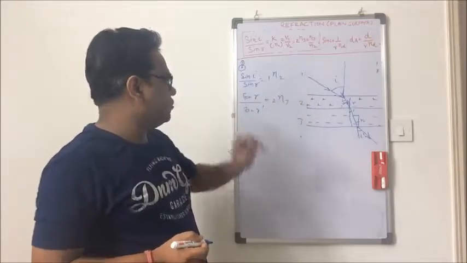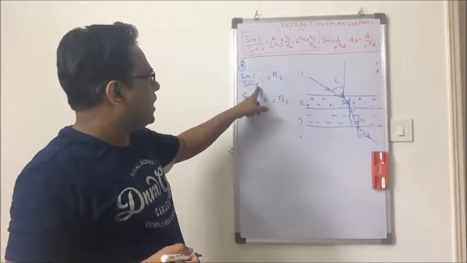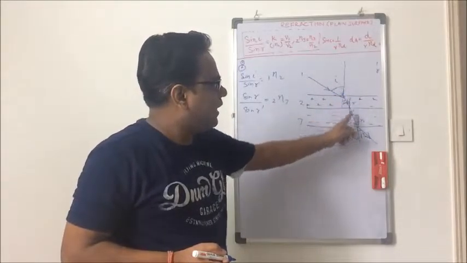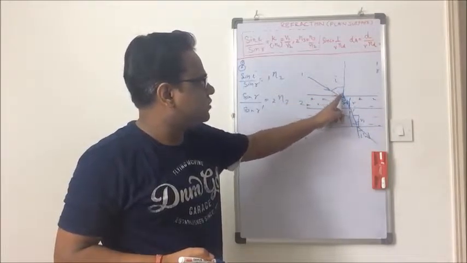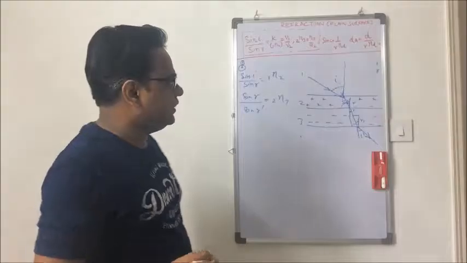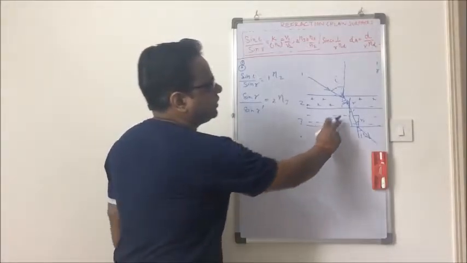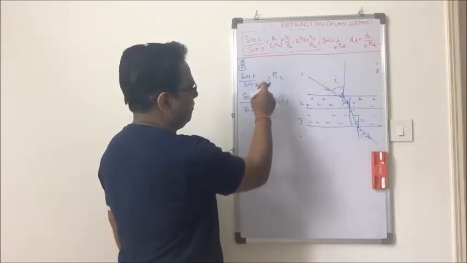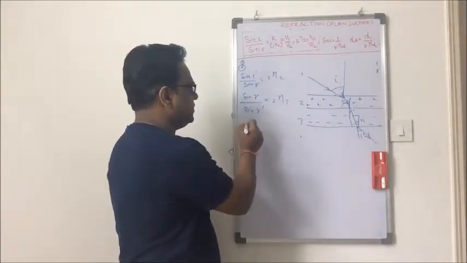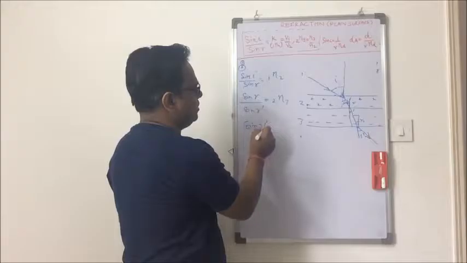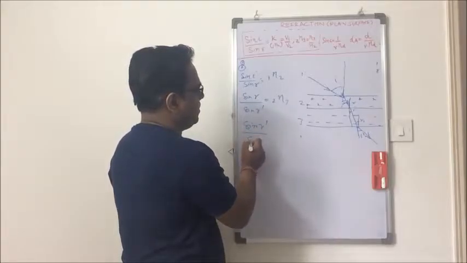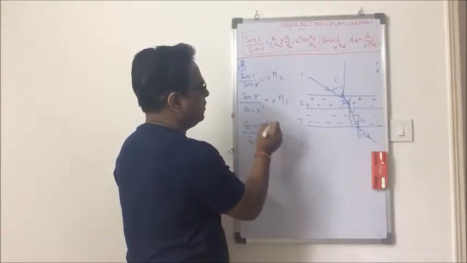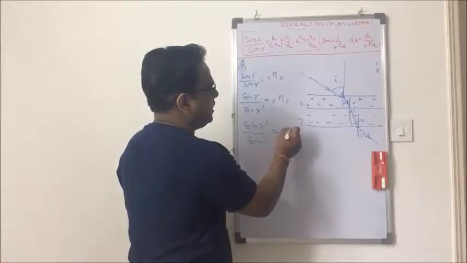R will be equal to R because these are two parallel lines, they are normals, and this is your intersecting line. For the third case, R dash becomes the next angle of incidence. So sine R dash divided by sine I dash equals 3 and 1.